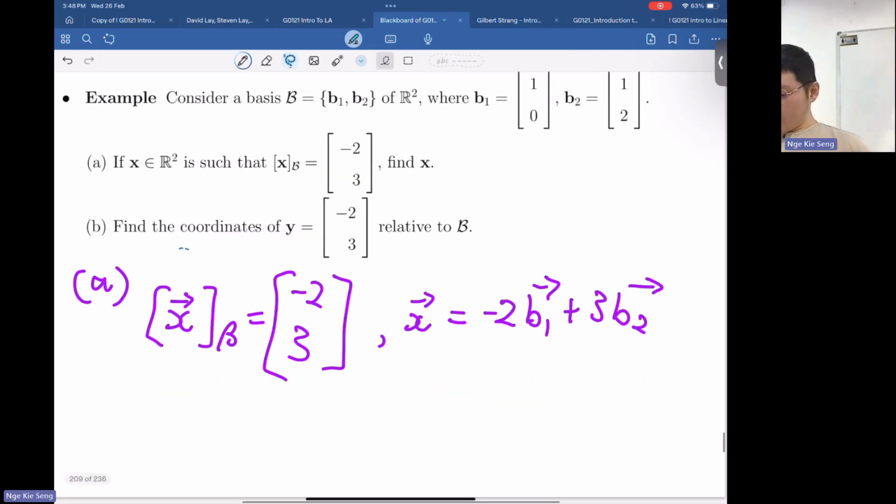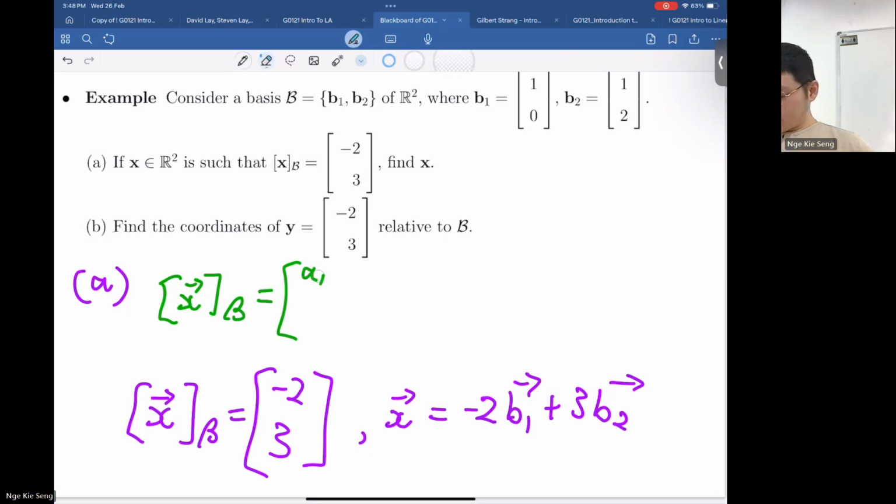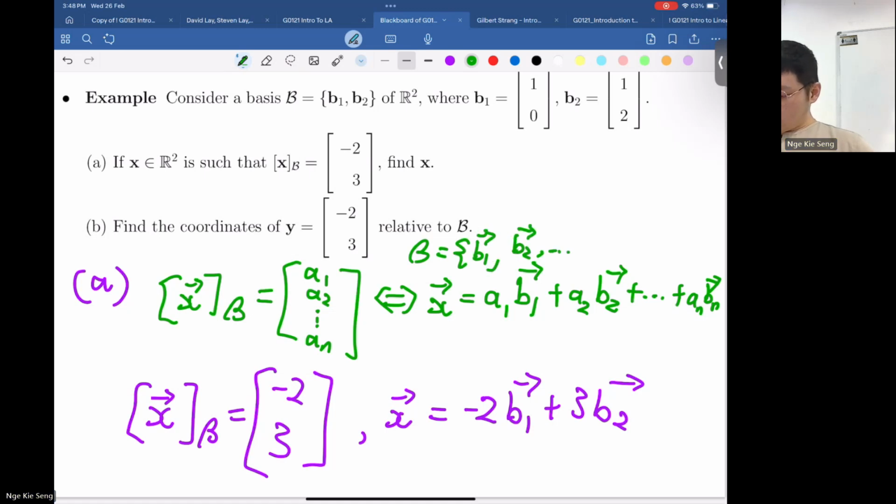Okay. So if you want to see the general form here, the general form looks like this. If I write the coordinate vector as A1, A2 out to AN, then X equals A1 B1 plus A2 B2 plus out to AN BN, given that my basis beta is B1 up to BN.